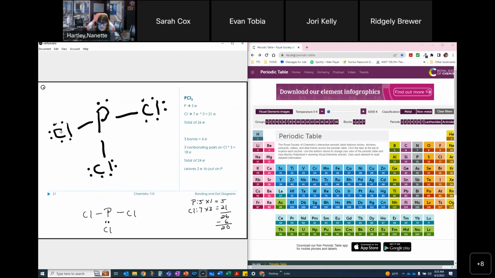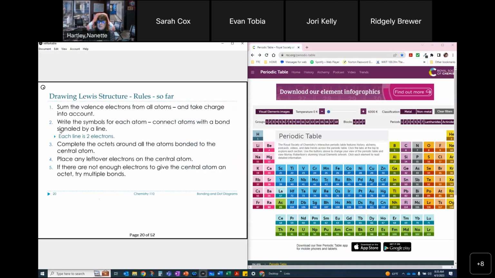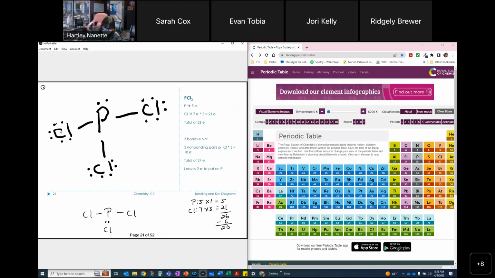The next thing that it says to do in my list, complete the octets around all the atoms bonded to the central atom. Okay. So that means the chlorines. So 1, 2, 3, 4, 5, 6. And I give it 6 because it already has access to 2 right here.